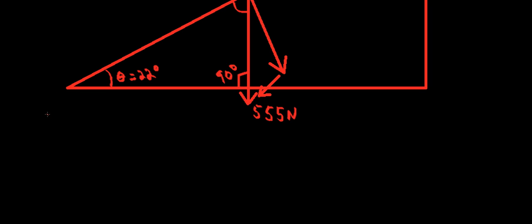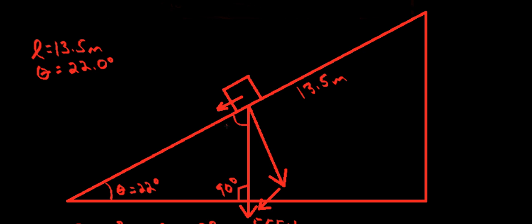So we solve for that angle by taking 180 degrees minus 22 degrees minus 90 degrees, and this will equal 68 degrees. So we've solved for this angle up here, which is 68 degrees.